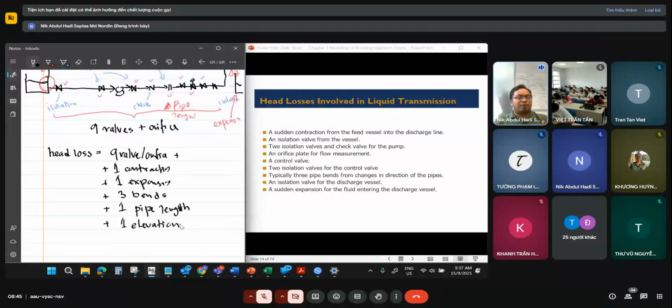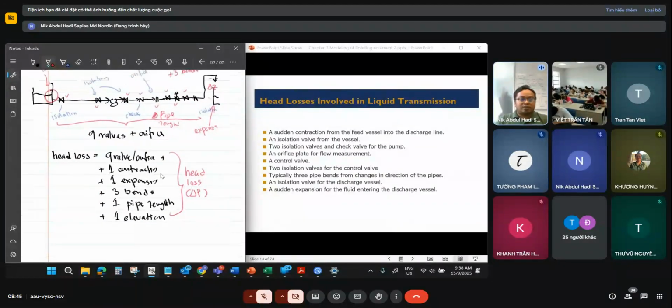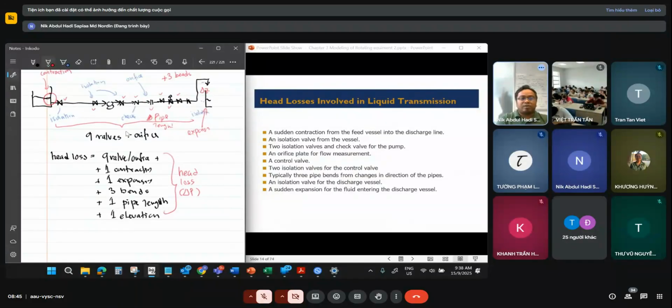So for transporting liquid from tank A to tank B in a typical chemical process, this is where the head loss, or pressure drop, comes from.